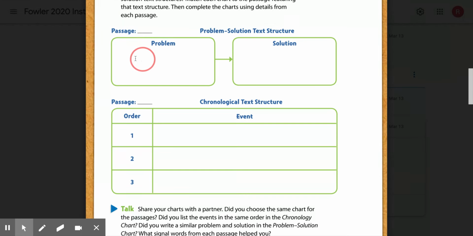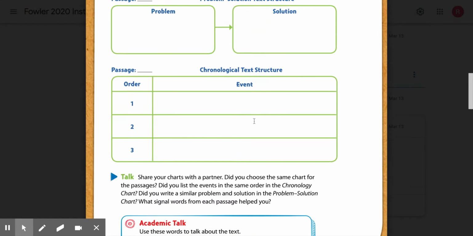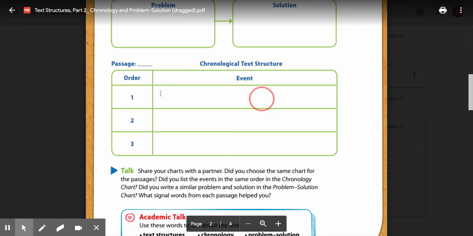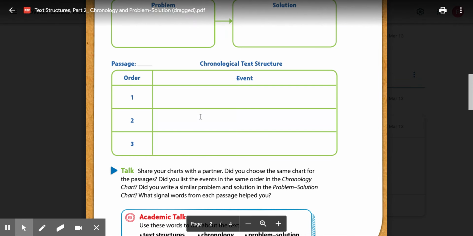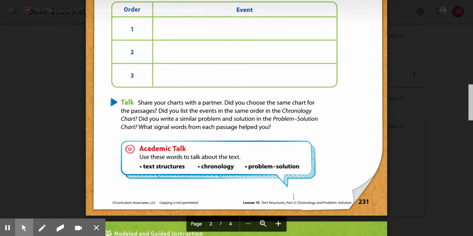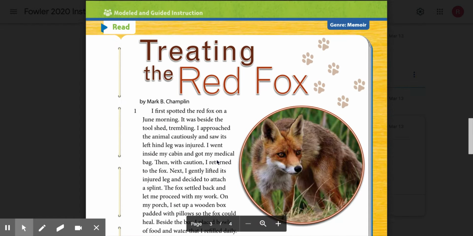Once you figure it out, you're going to write the problem stated in the small paragraph, and the solution stated. For chronological, what was the first event, the second event, and the third event? These are not full sentences. These are just short little statements. You can skip this part.